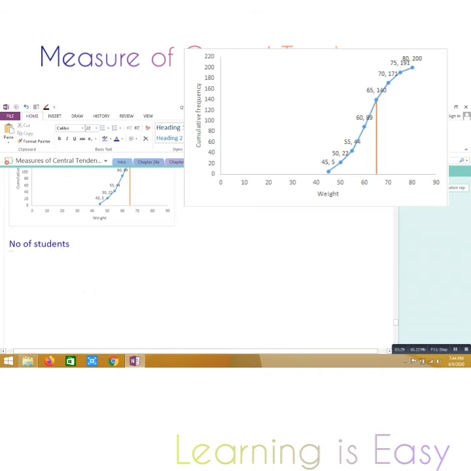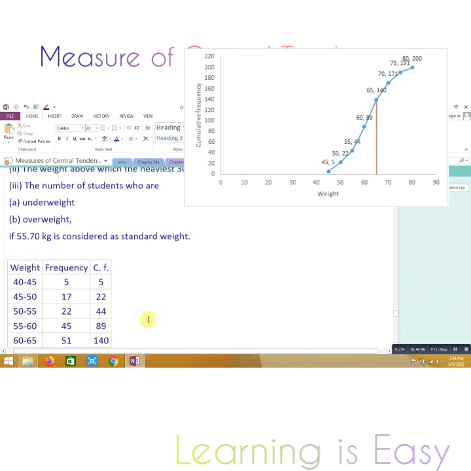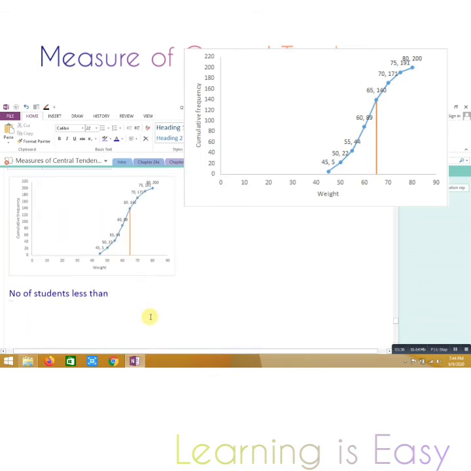Number of students weighing less than 55 kgs. This direct value, that's 44.